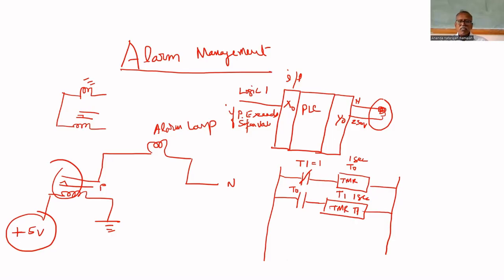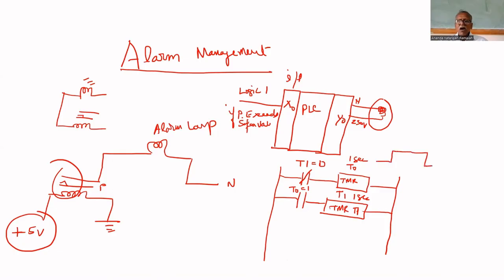That means this becomes logic 1. Therefore, it will start this. When will this turn on? After 1 second, this becomes 0. Till then, this timer is on, for 1 second.